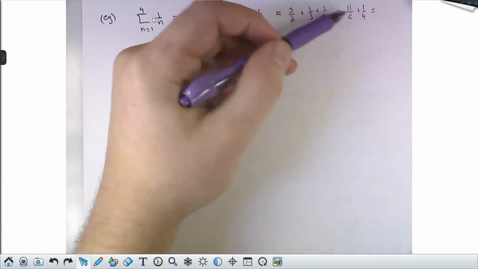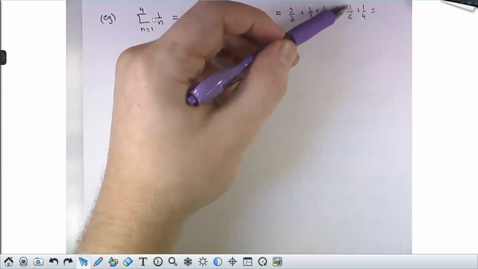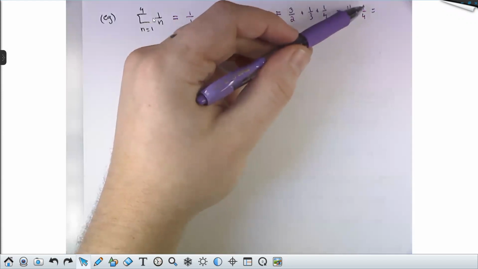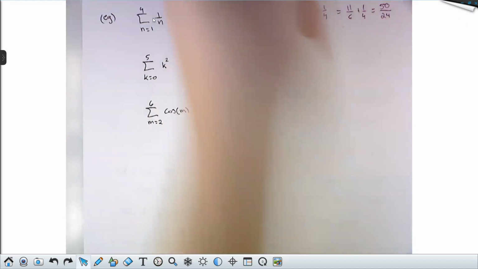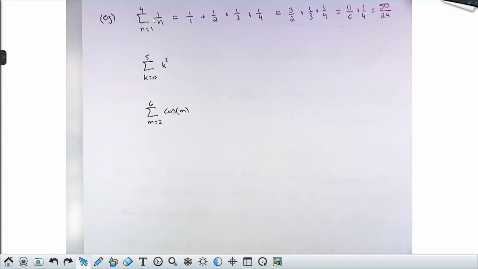Let's just use 24. So this would be 44/24 plus 6/24 would be 50 over 24. A little bigger than 2, right? But the important part here is the first part. And this is what I'm wanting to make sure you're comfortable with.